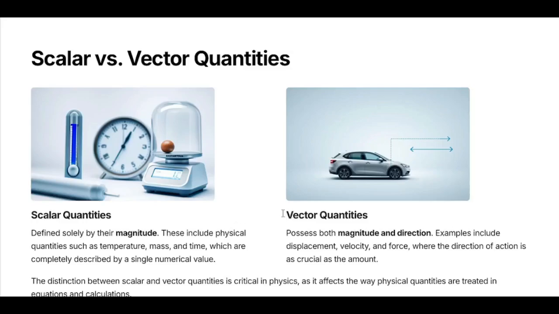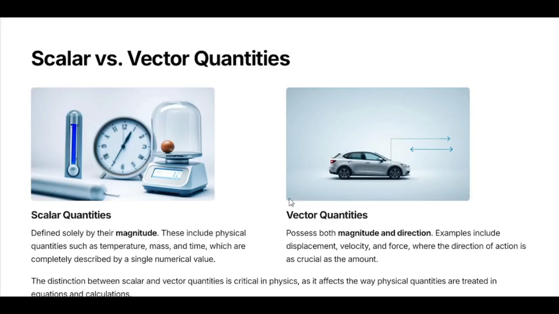If someone tells you that something has a mass of 25 kilograms, they're not telling you a direction in which that mass is acting, although logically you might think it acts downward. But when you add the direction downwards, you're no longer talking about the mass of that entity, you're talking about its weight.